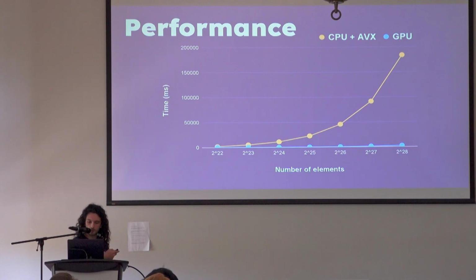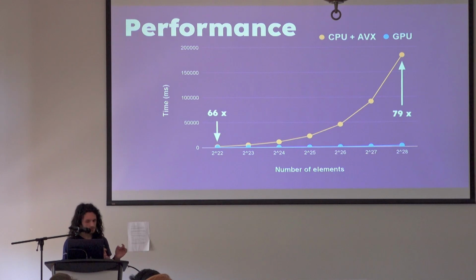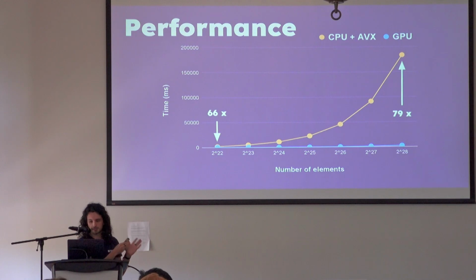And we can see that it improves between 66 times and 79 times with the use of GPU. Maybe it's not clear why the graph grows so big, but it only grows from 66 to 79. And that's because the blue line, which is the GPU performance, also grows a little bit. Only that it's barely perceivable.